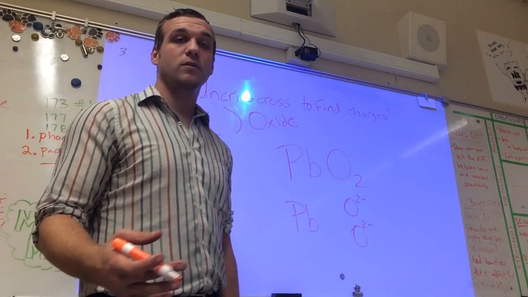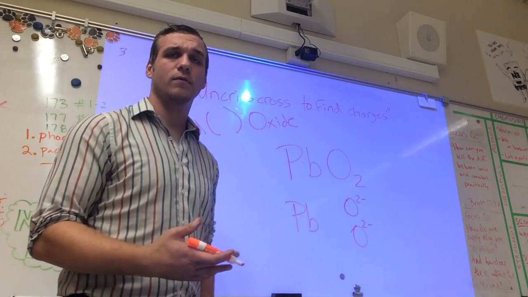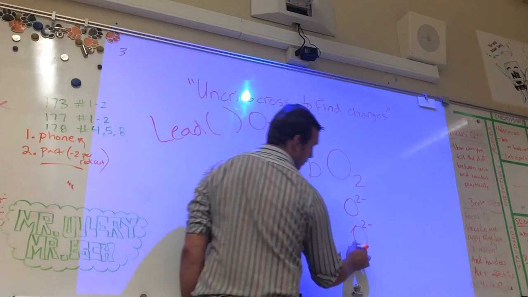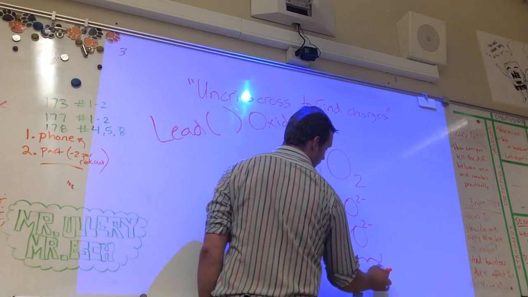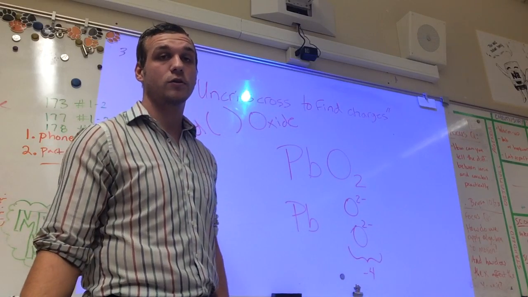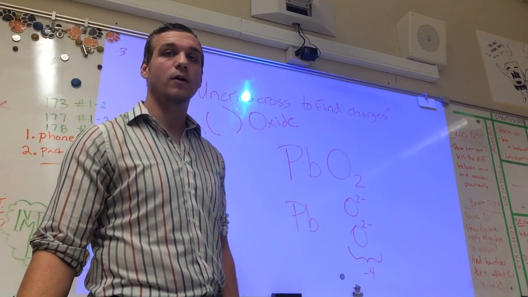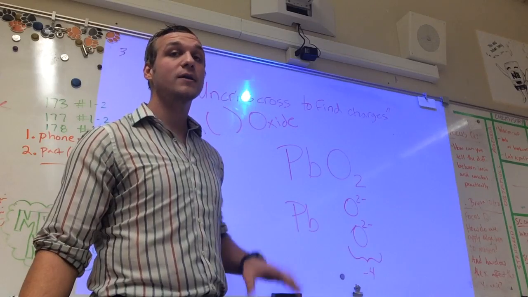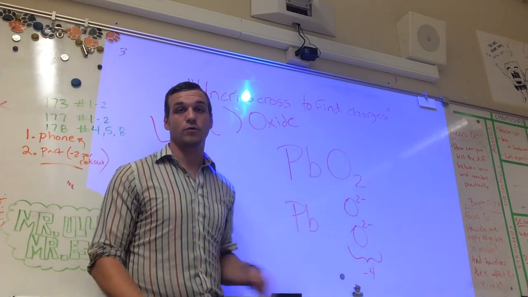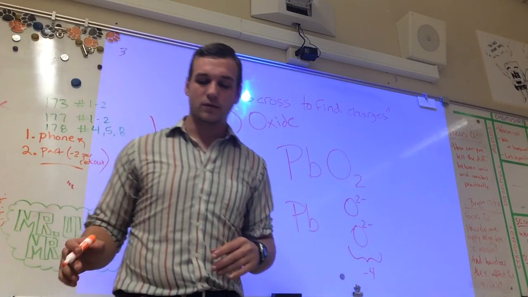So the question is, if each one has a 2 negative, what must be the charge of my lead? Well, the oxygens all add up to a -4 charge. So that means that all of my positive charges must add up to +4. Because once again, the atom is neutral.